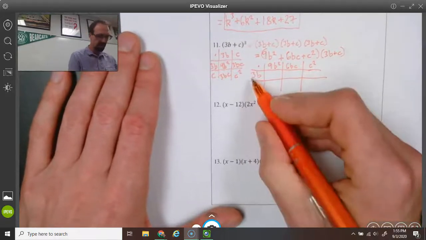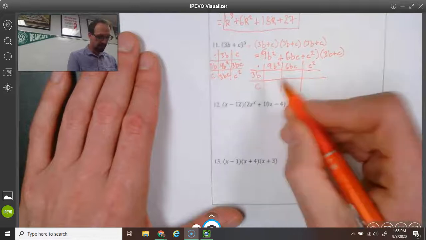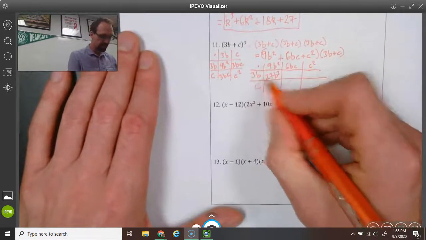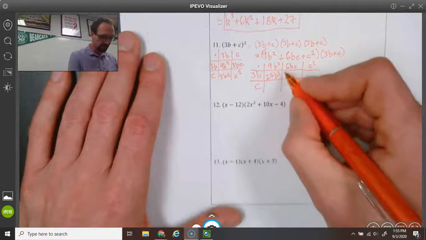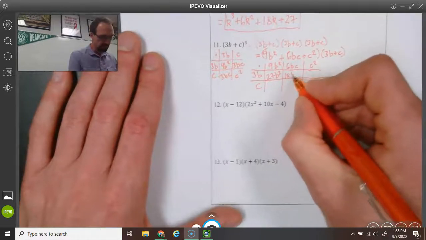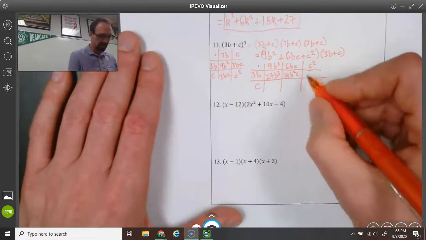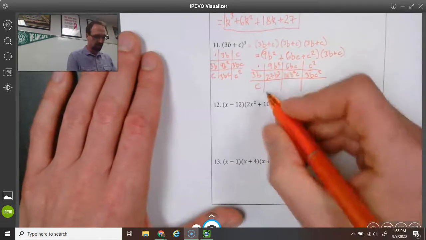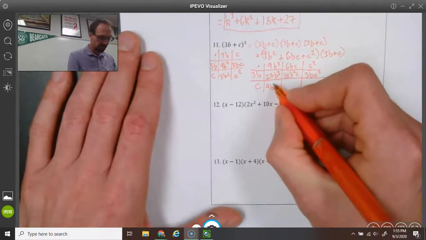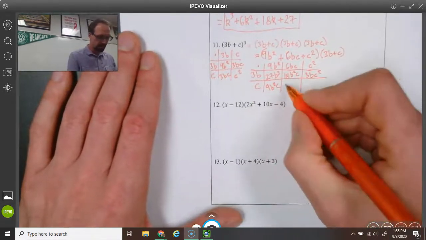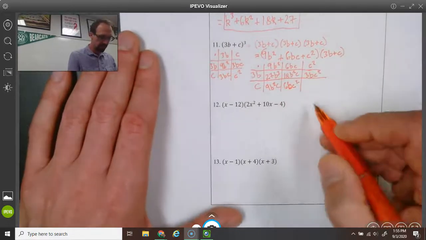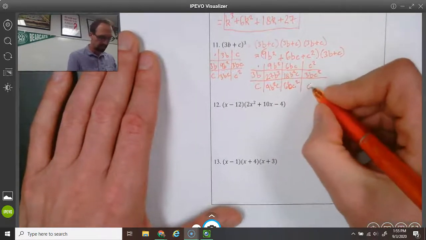If I multiply this out, 3b times 9b squared is 27b cubed. 3b times 6bc gives me 18b squared c. 3b times c squared is 3bc squared. 9b squared c for this spot here, and then 6bc squared, and then c times c squared is c cubed.